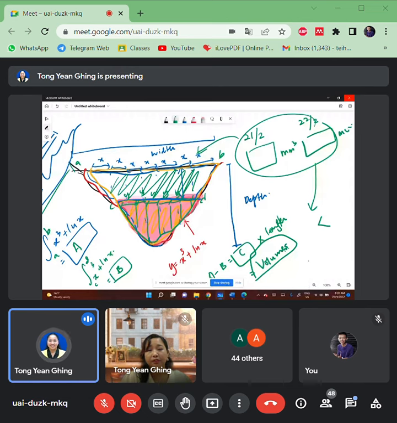Based on the news, in Sungai Kim Kim, how much is the pollution, for example the concentration of mercury inside the water? Then you do analysis, and you use numerical methods.